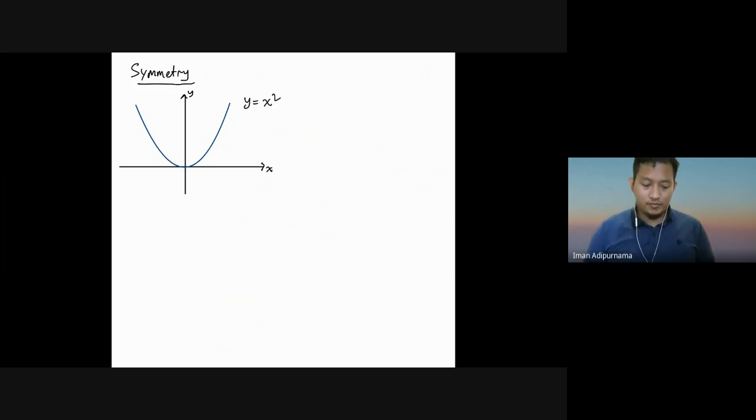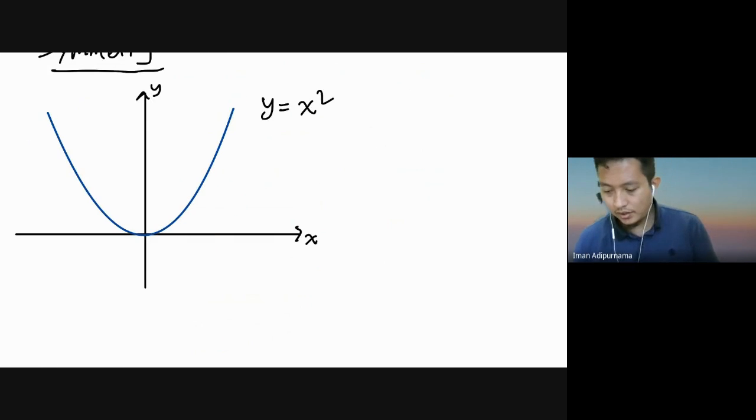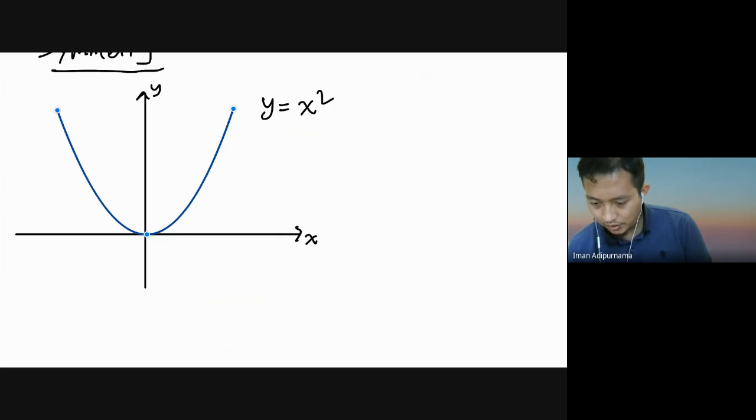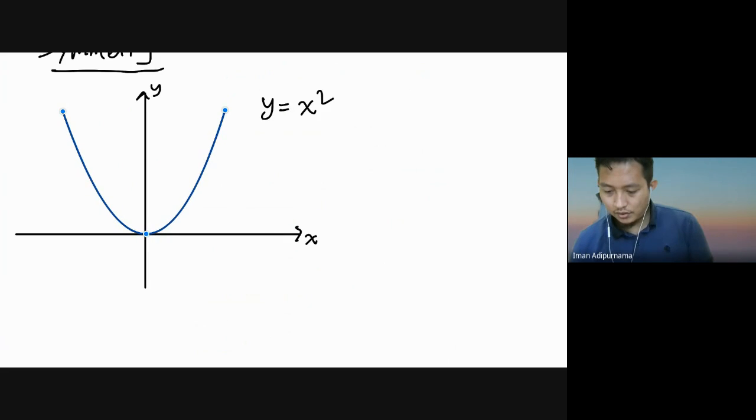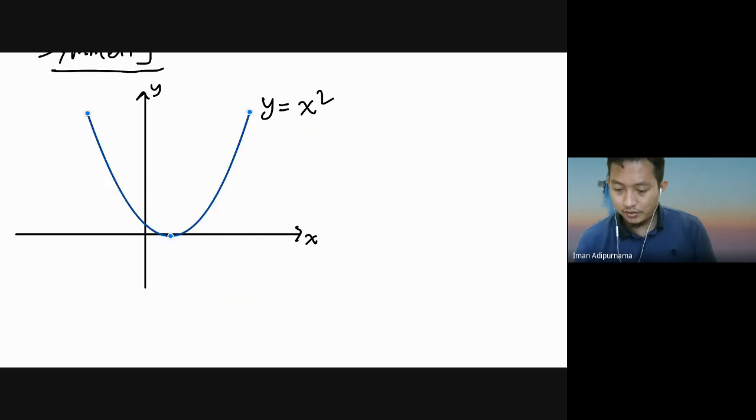I think I'm not really making it symmetrical enough. Let's look at this graph, and you may notice that the left side of the graph is mirroring the right side. So we call this symmetry.